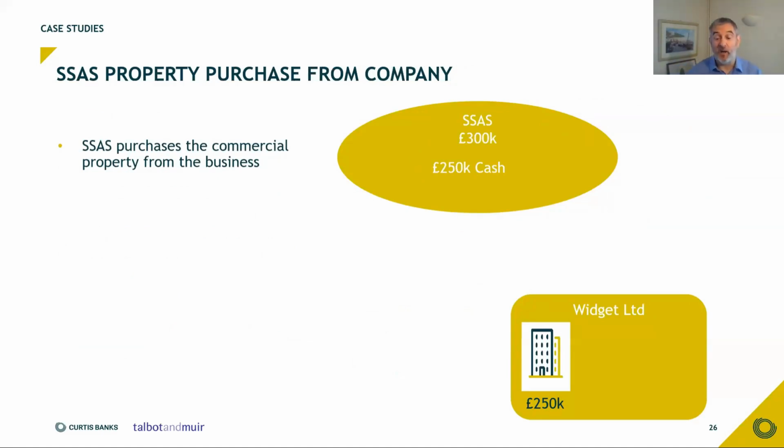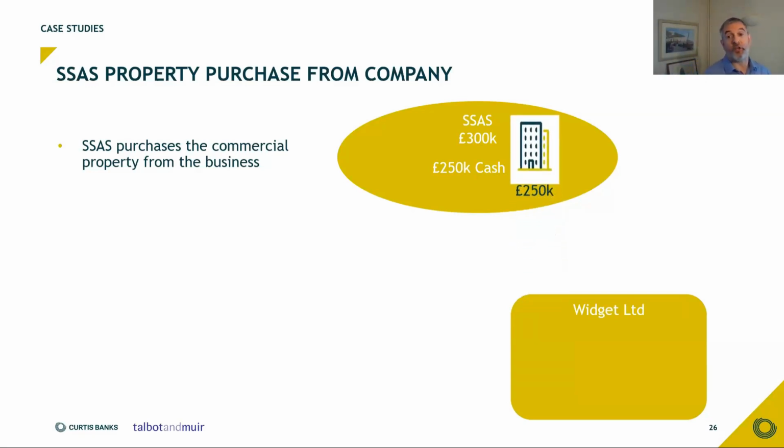It might be, with any number of your clients who run businesses, that the company itself owns a commercial property. And the company might want to release cash. It may want cash for various purposes, business expansion, development, etc. Could be short-term, could be long-term cash requirements.